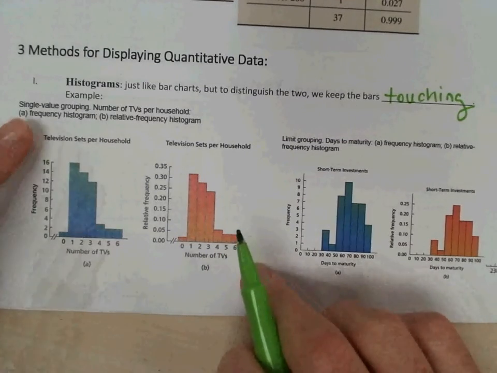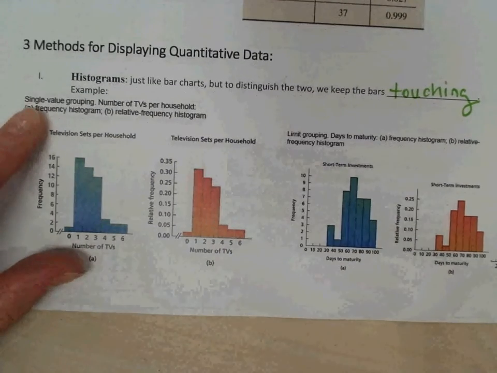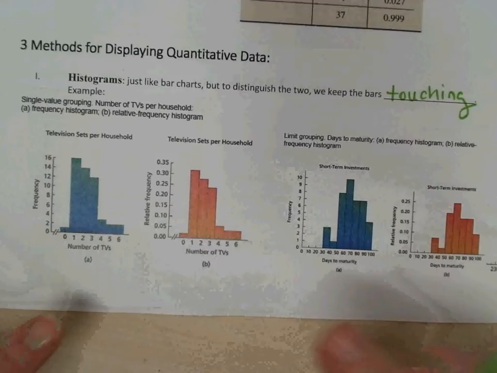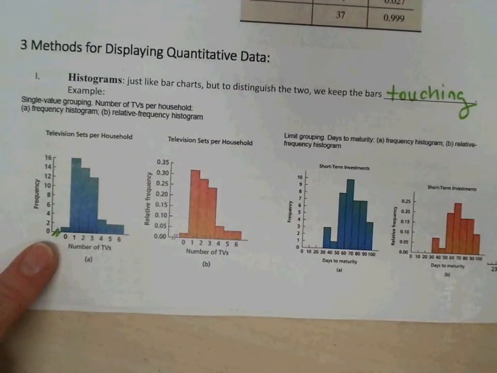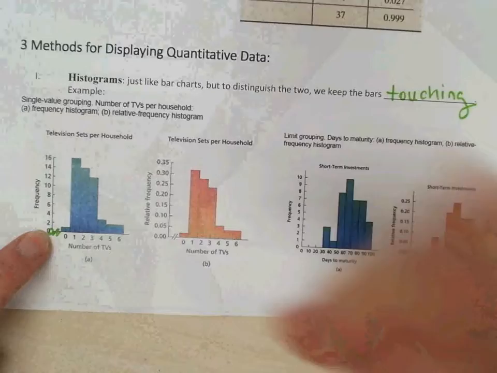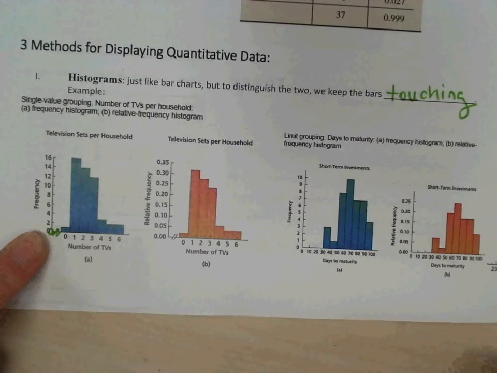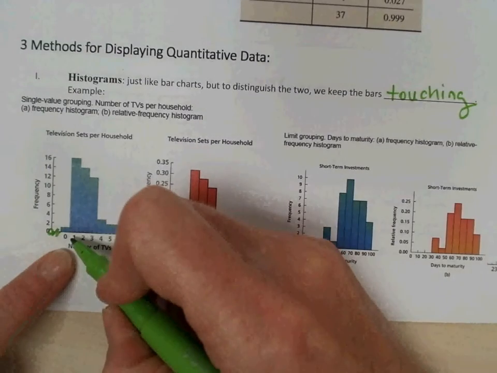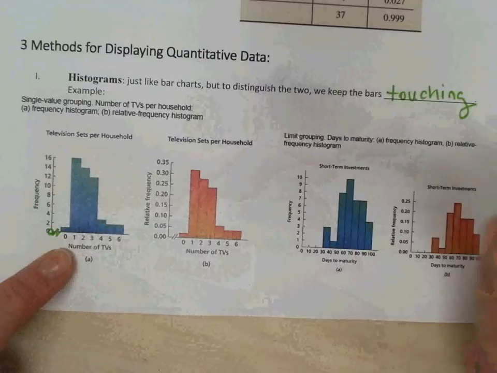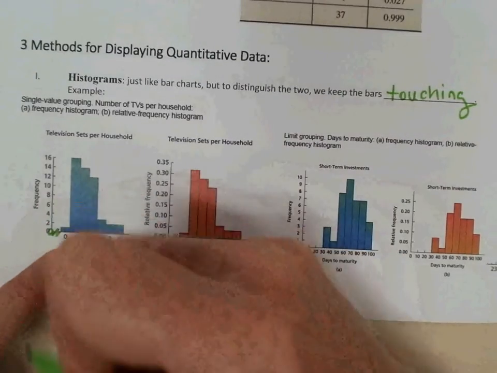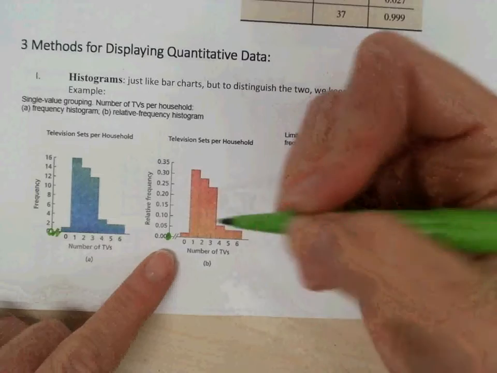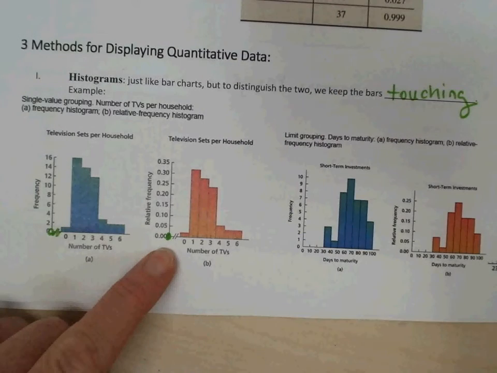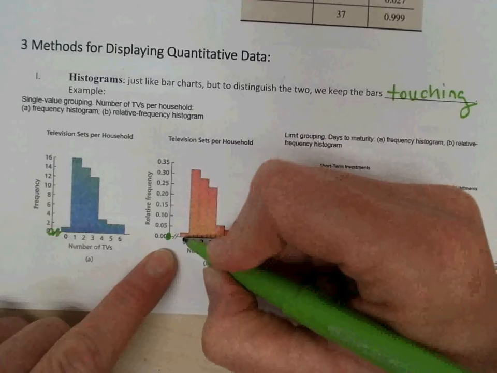So two ways to display the data in a histogram about the TVs, the number of TVs per household. Notice these two lines right here indicate that that corner mark is not at 0, 0. Rather, 0 starts over 1. That's not the standard. Typically the standard is that the value at the intersection of x and y is 0, 0.